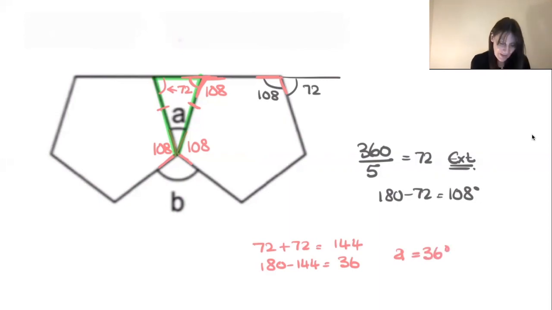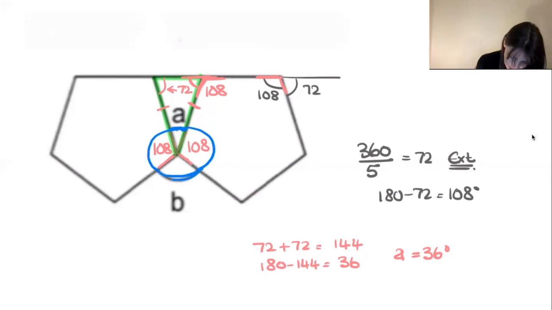So I have now got enough information to find B, because I've got angles around a point. So I've got my 36 here, 108, 108, and then my B, angles around a point.